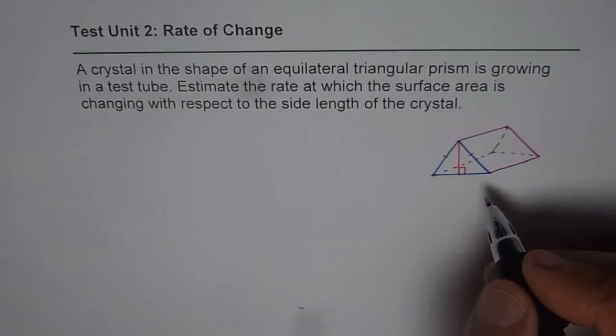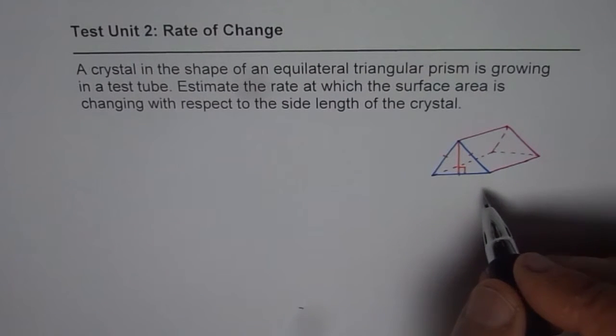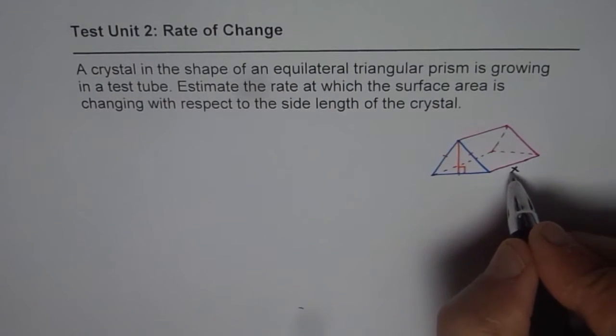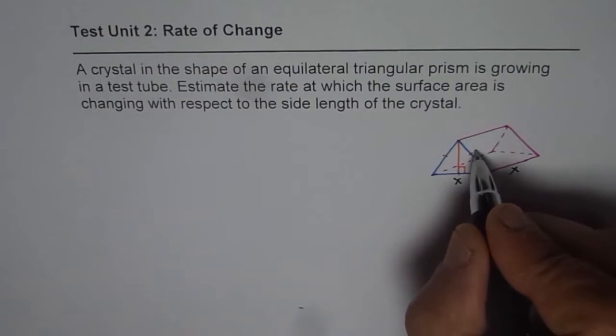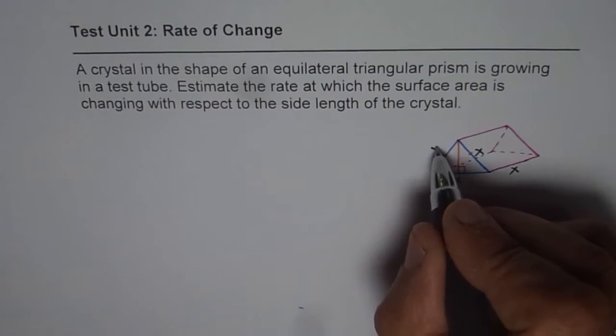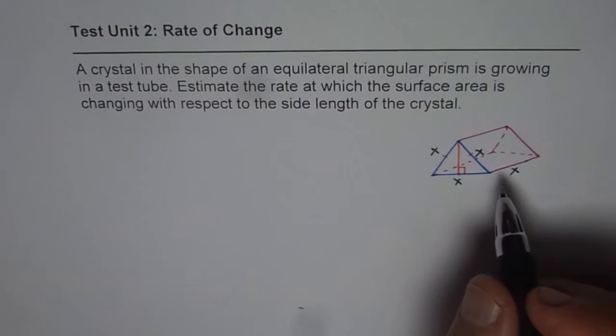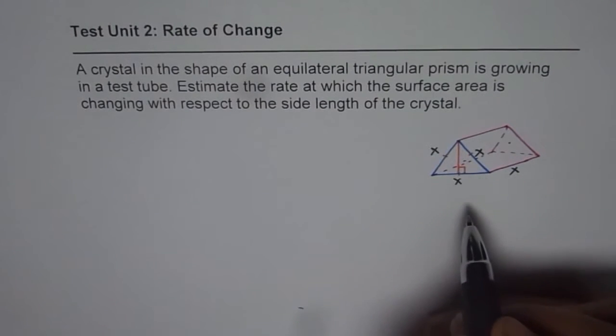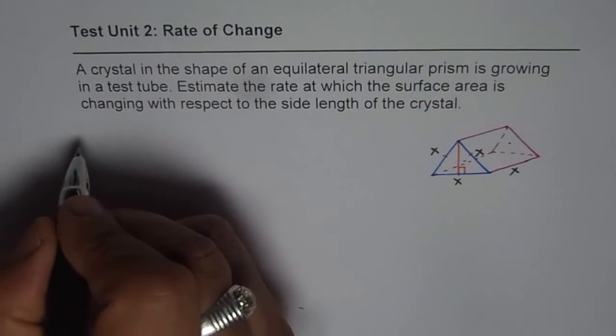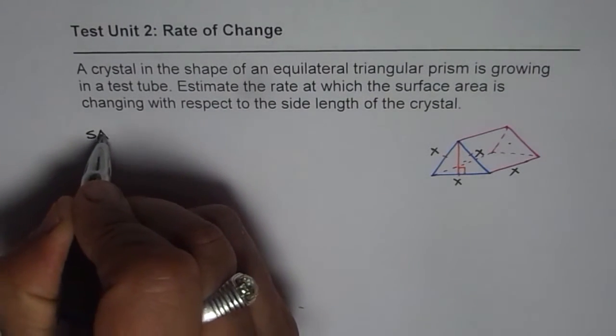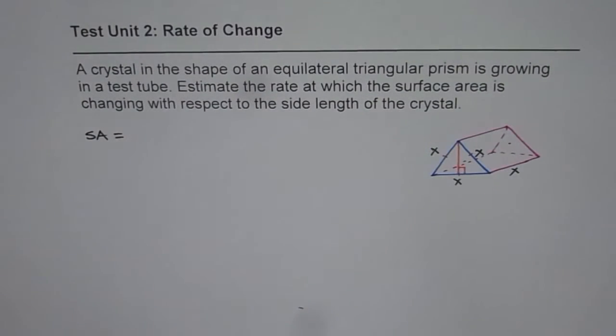Since we have an equilateral triangular prism, let us assume that the sides are x. So all these sides for us are x, correct? Now surface area is, we have two triangles. So surface area of two triangles, let's develop a formula for this.